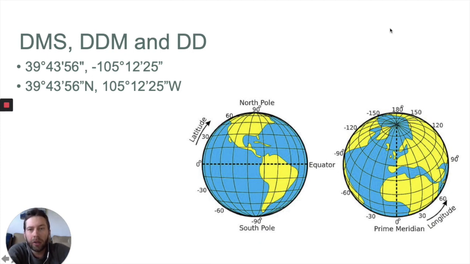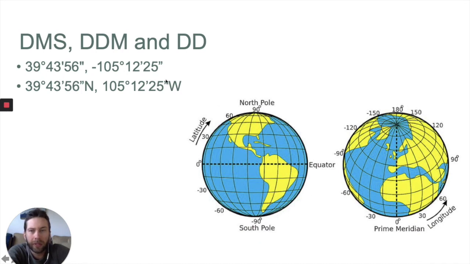And all of these different coordinate systems are relative to the equator for your latitude. So where you are in relation to the equator, and where you are in relation to the prime meridian, which again goes through Greenwich, England. Okay, so as we talked about earlier, positive numbers for that first set here are going to be north of the equator, and negative numbers are going to be south of the equator.